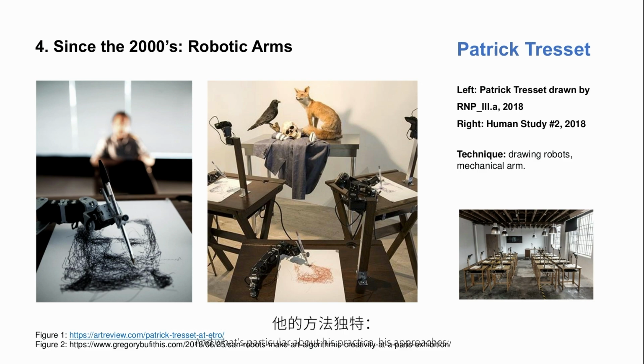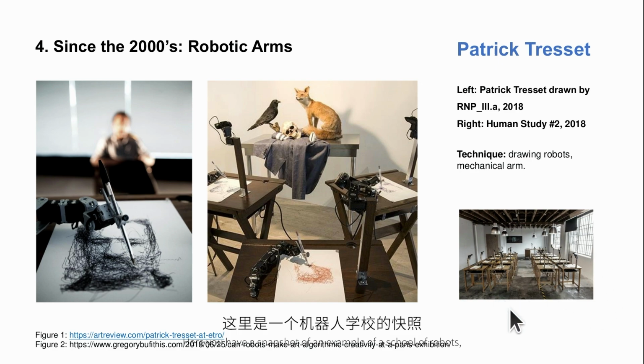What's particular about his practice, his approach, is that he builds his own robots. Each robot has some individuality, some particular characteristics, and will create drawings or paintings which are unique. In some performances, he will have many such robots.